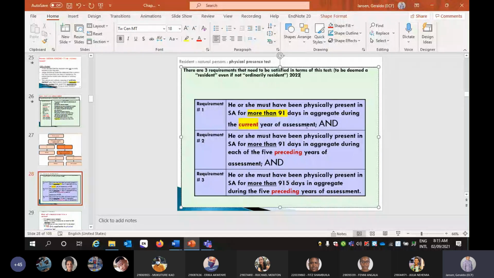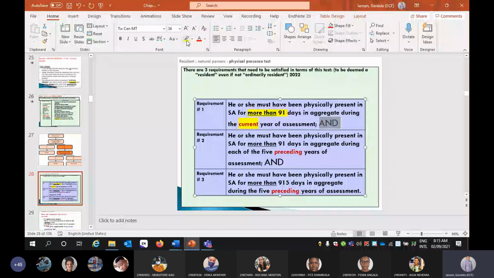However, in order to be a resident based on the physical presence test, you must meet all the requirements. Remember, it's not any, so you need to meet all these requirements. Let's go to the second requirement. The person should be, and remember guys, this test is only applicable to natural persons. That is why we use the terms he or she.